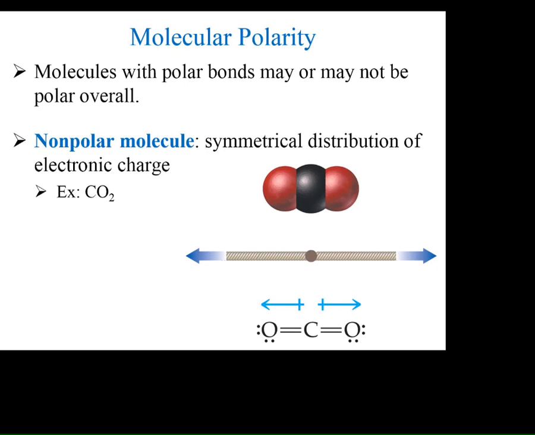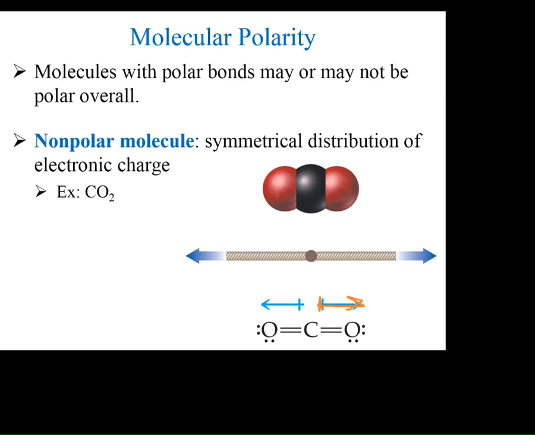So I'll give you an example. Let's say carbon dioxide. In carbon dioxide, oxygen is more electronegative than carbon. So this oxygen is pulling the electrons towards itself this way, right? See that?